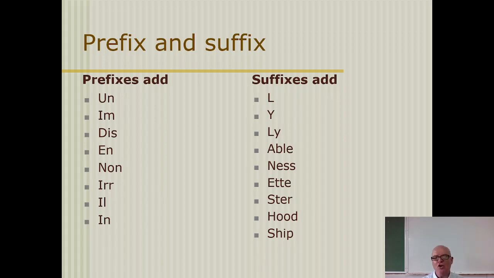Now you can see the combinations: an, im, dis, en, non, ir, il, in. A suffix: l, y, ly, able, ness, ette, hood, and ship.